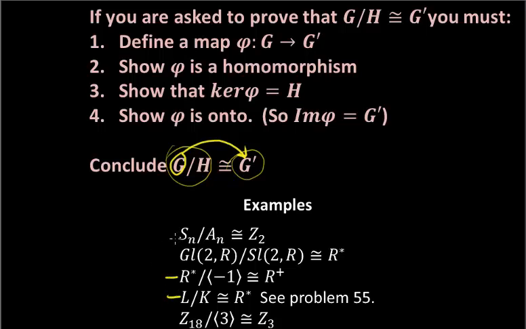So let's look. Sn mod An is isomorphic to Z2. We did that in class, and you did it in your homework. Similarly, GL2R mod SL2R is isomorphic to R star, the non-zero real numbers under multiplication. We did that in homework and in class, so you should have these.